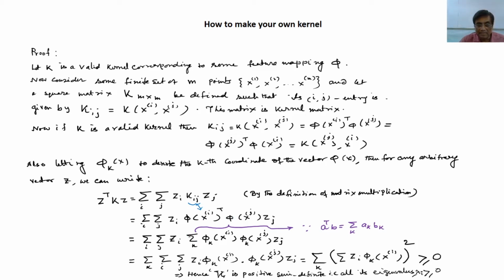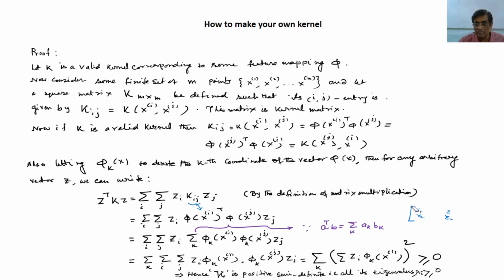So performing matrix multiplication means you have to replace it by a summation over k of phi k xi. Two vectors are there, element-wise you are just doing x1 z1 plus x2 z2 plus x3 z3, like that.